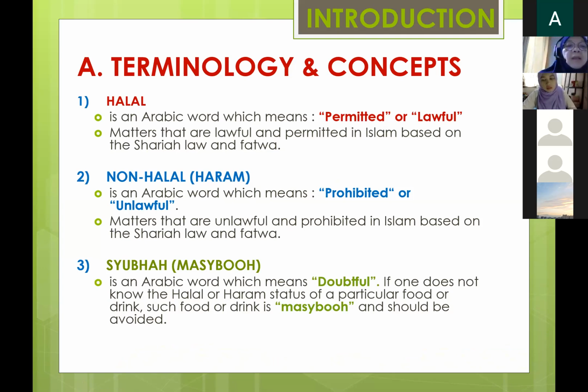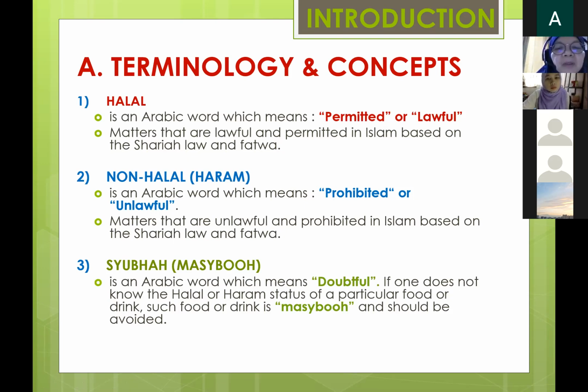For example, halal. What is halal? Halal is an Arabic word which means permitted or lawful. Halal refers to matters that are lawful and permitted in Islam based on the Sharia law and fatwa. Okay, what is fatwa? I will define fatwa later after this.